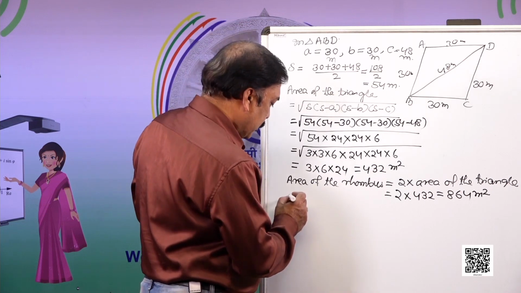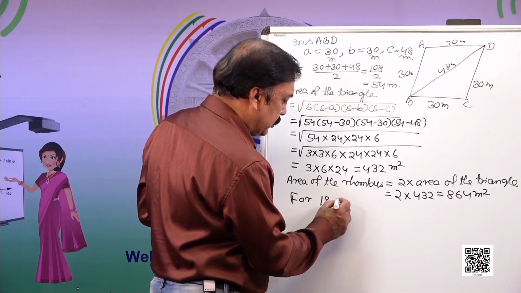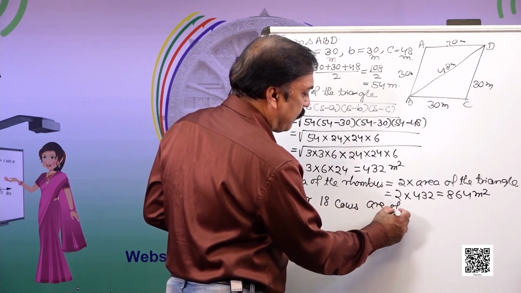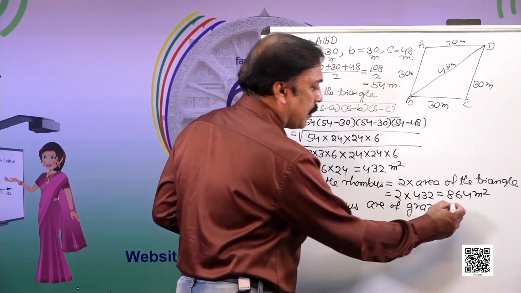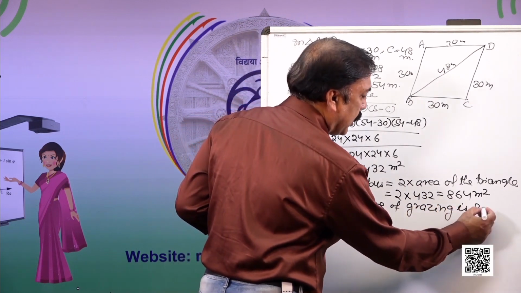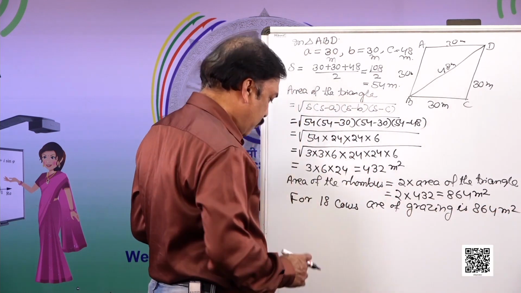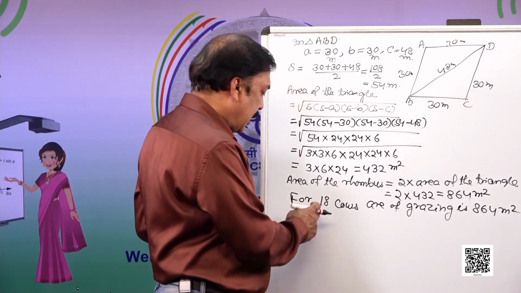So for 18 cows, the area of grazing is 864 meter square. So what is the area each cow will get?